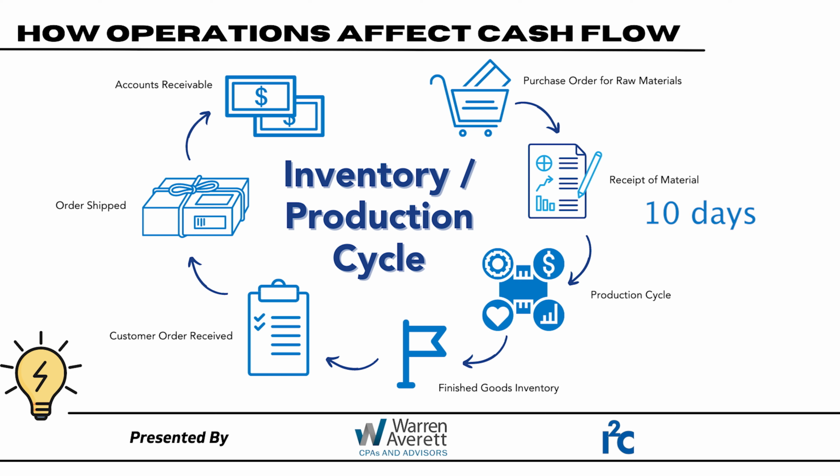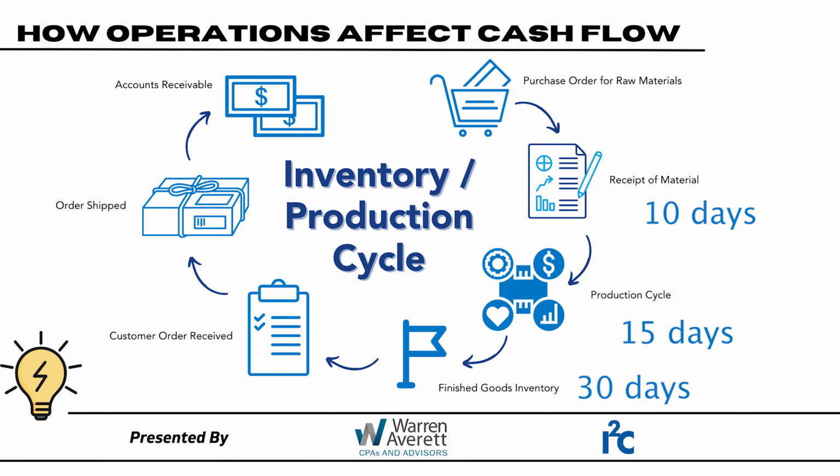As we start to work through this cycle, we think about our operations, and we buy materials or we incur payroll cost. When we do that, we take a few days to get the materials, or we spend time working on whatever project we're working on. That takes, all total, let's say 10 days to get the materials, 15 days in production, and then 30 days to make that into a finished good.